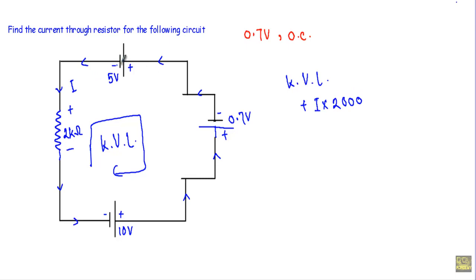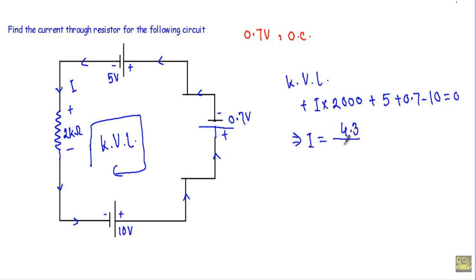After that the negative terminal and positive terminal, so its voltage will be positive. After that this 0.7 volt, its negative terminal first, positive terminal later, so its voltage will be positive. But here I will get this 10 volt source, its positive terminal first, negative terminal later, so minus 10 equal to 0.